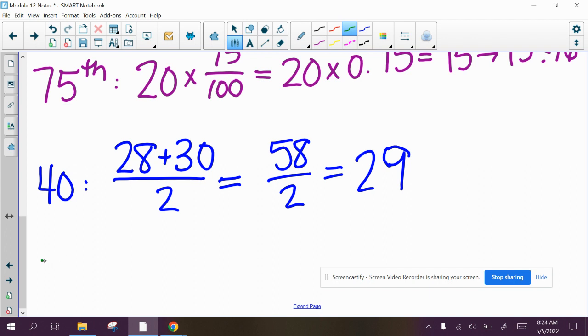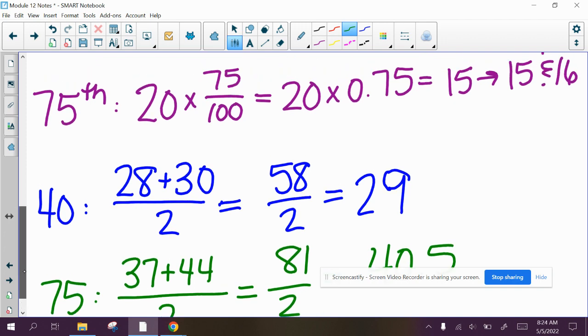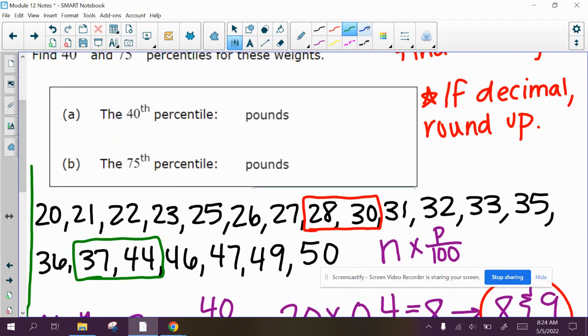So we have 37 plus 44 divided by 2, which would give us 81 over 2, which is equal to 40.5. So that's our 75th percentile. So we have 29 and 40.5. And that is everything for 12.1 right now.